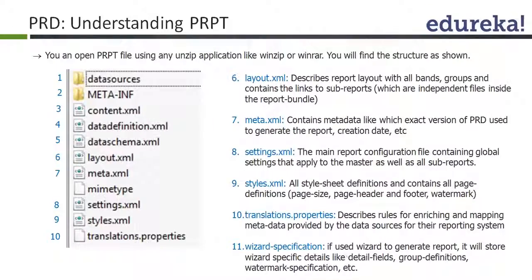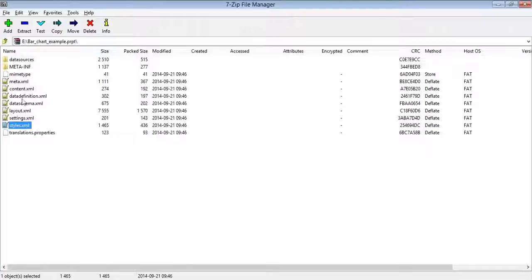Translations.properties, this is something if you want to translate some metadata provided by data source. So if you have business terms and technical terms, if you want to enrich it, you can describe those rules and translate that metadata to business user data. So that translation dictionary will be here.